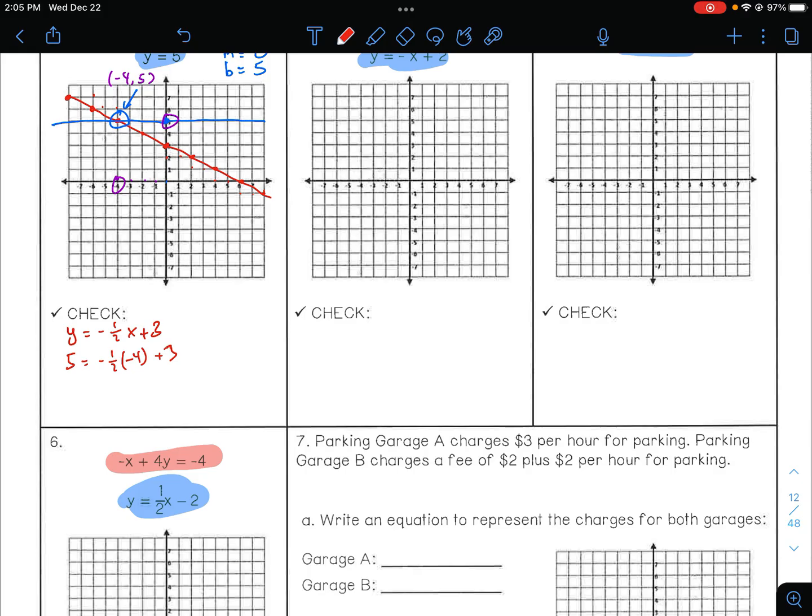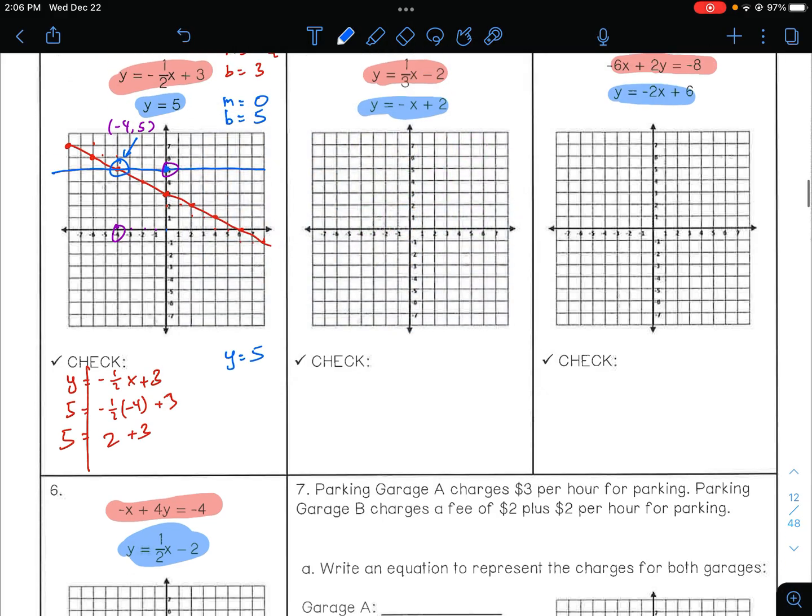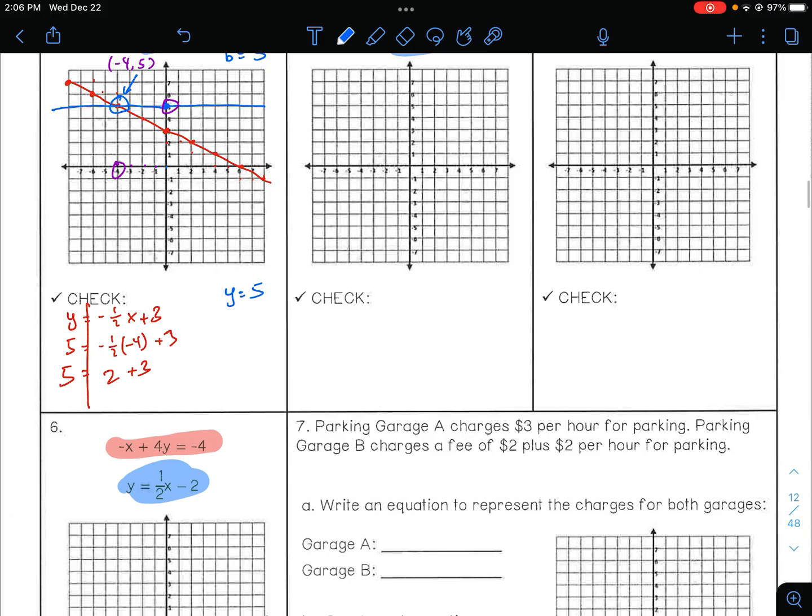Let's see. -1/2 times -4 is +2. 2 plus 3 is 5. Yep, that is true. That checks out. Let's try the blue equation, y equals 5. In this case, we are plugging in 5 for y. So does 5 equal 5? Yes, it does. It checks out for both of them.